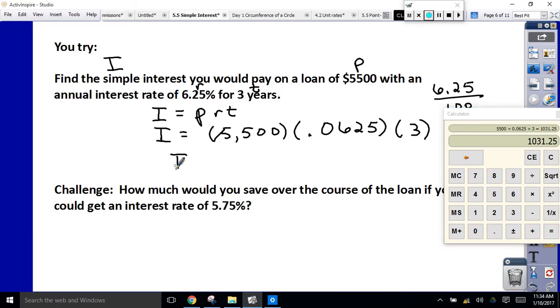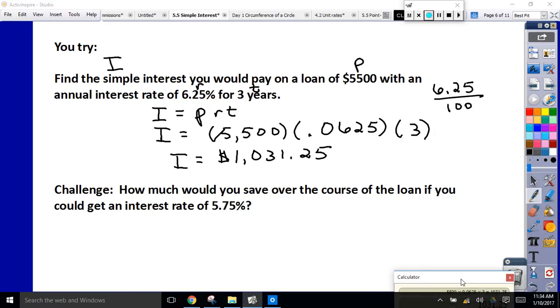So our interest is $1,031.25. That is how much interest we're going to pay on that loan. That's about 1/5 of the original amount, so you end up paying a great deal in interest.